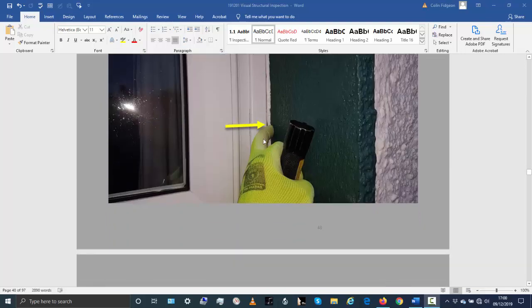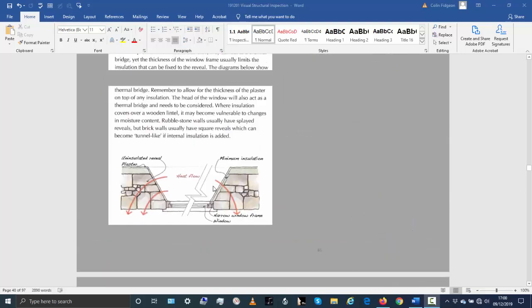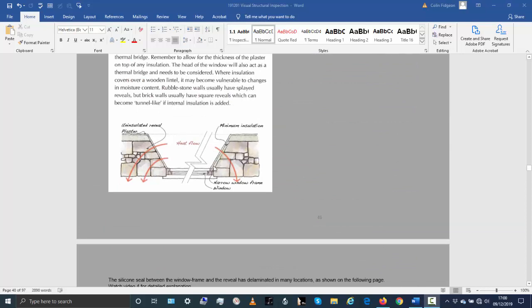Now, the second problem that I noted, which was effectively the lack of insulation or the reduced insulation here, which can cause cold bridging, is a more difficult problem to fix and potentially a slightly more expensive one.